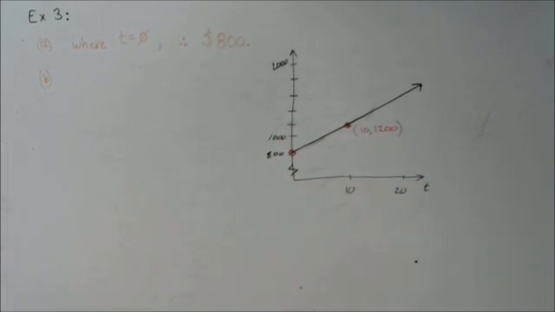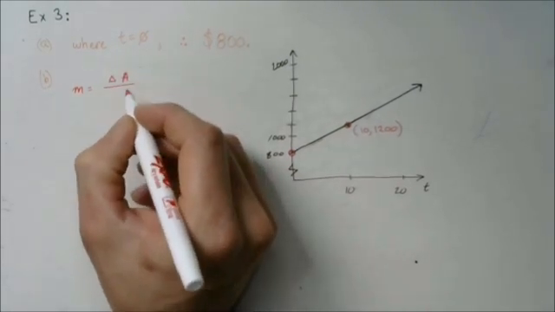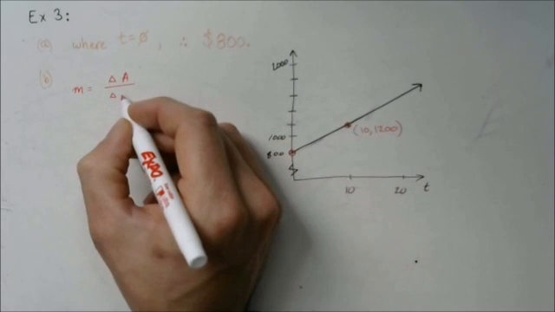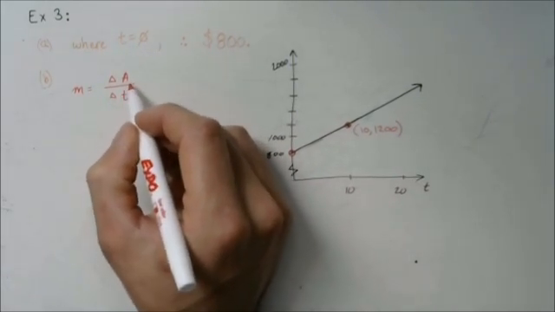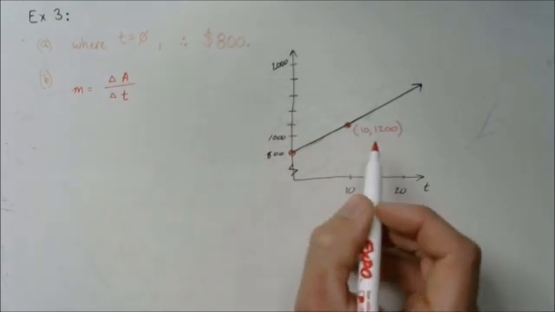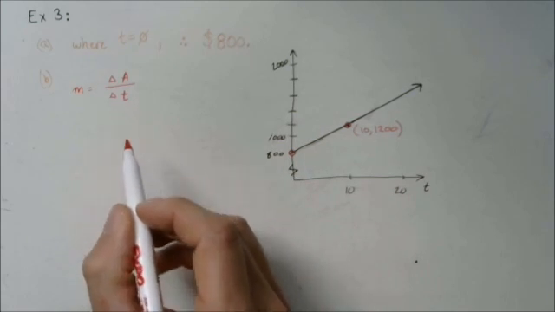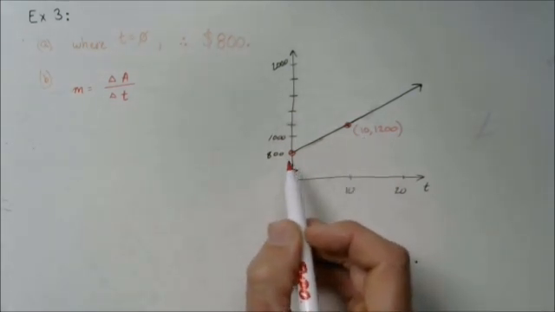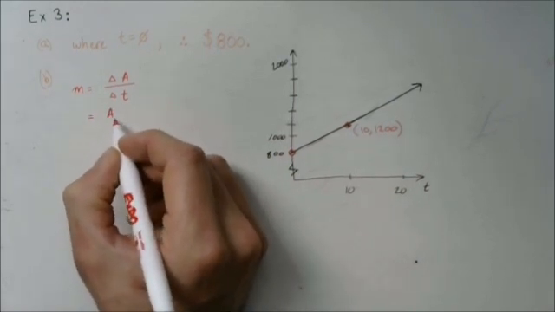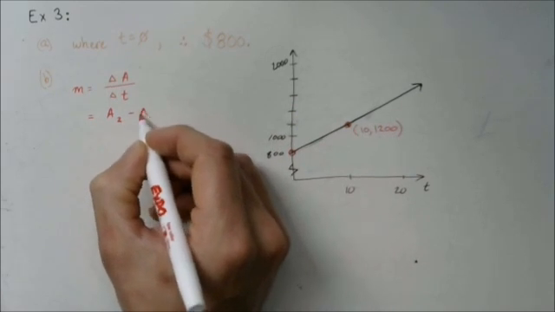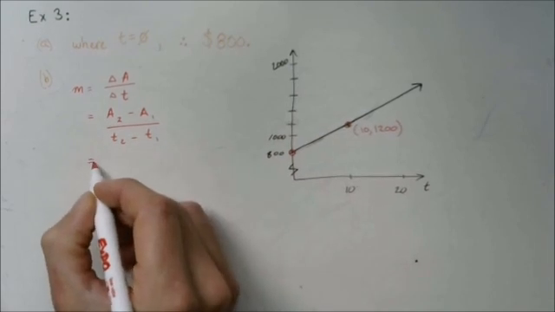Okay, so the slope is the change in the amount over the change in time. Okay, this is really rise over run. This is the difference, A2 minus A1, over time, T2 minus T1. T2 is going to be 10, T1 is going to be 0. So here we go. We have A2 minus A1 over T2 minus T1.